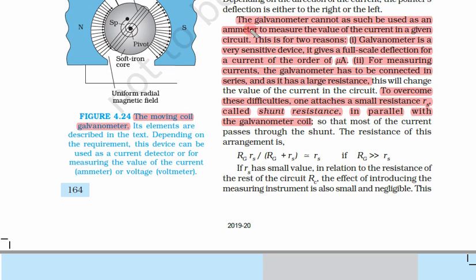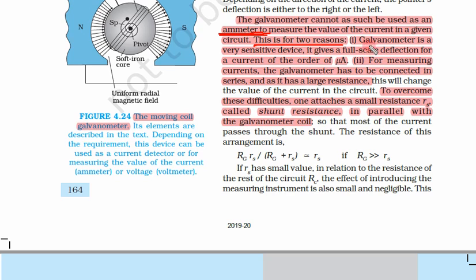There are two reasons. These questions came last year for 1 mark: why we cannot directly use a galvanometer as an ammeter.